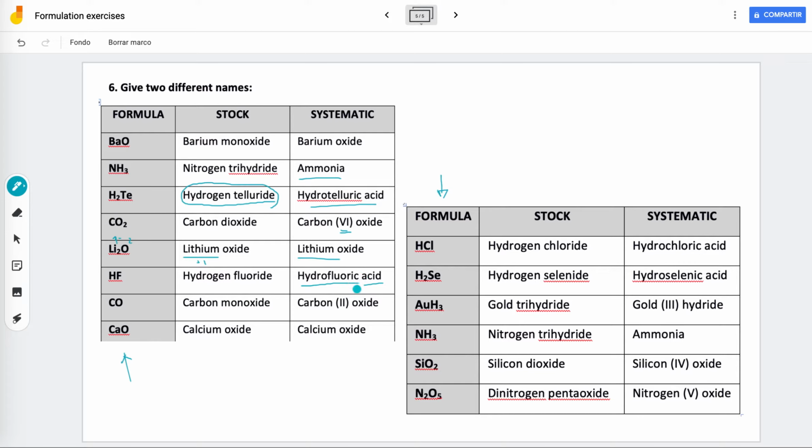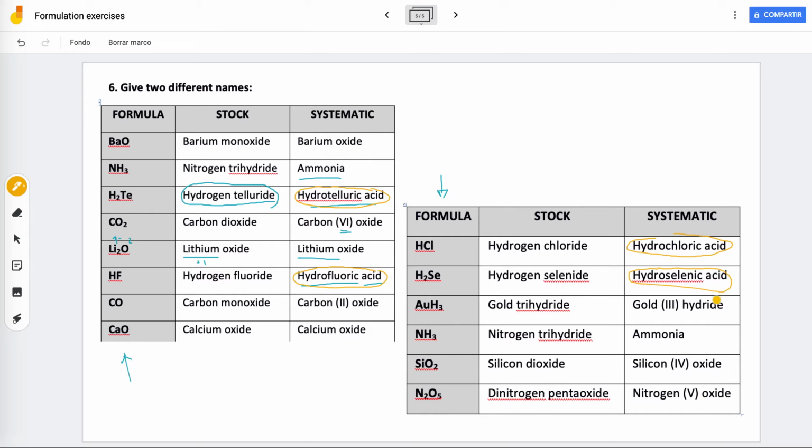In these examples of acids, we don't write the oxidation numbers in brackets. All the acids, we don't write them. We don't write the oxidation numbers in Roman numerals like in here or here or here in the oxides.